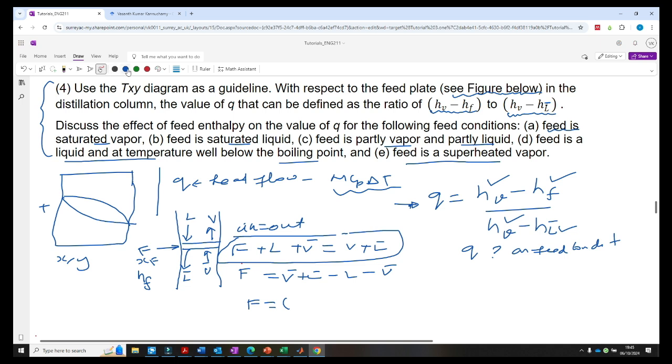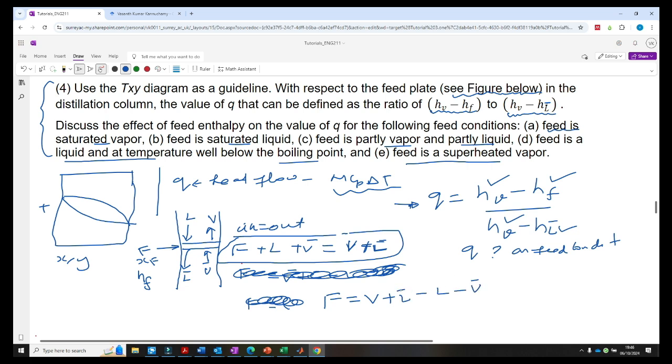Let me rewrite this, V plus L cap. Okay, so that looks correct to me. So let's strike this equation. So f is equal to V plus L dash minus L minus V dash.